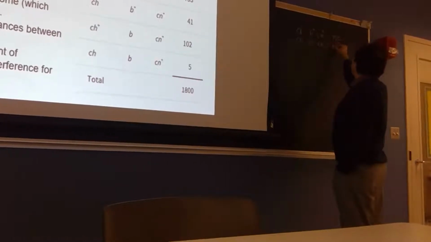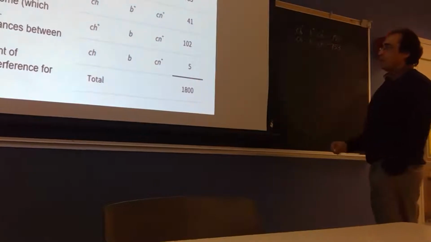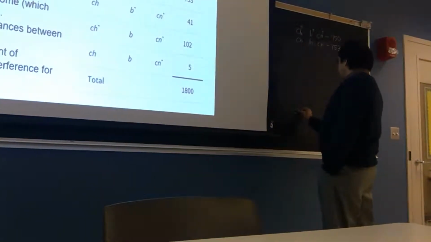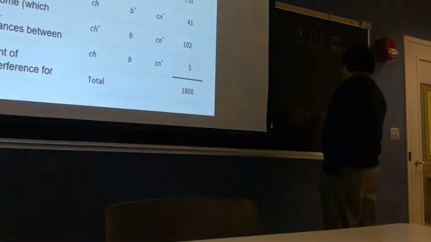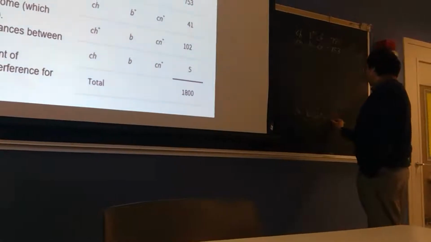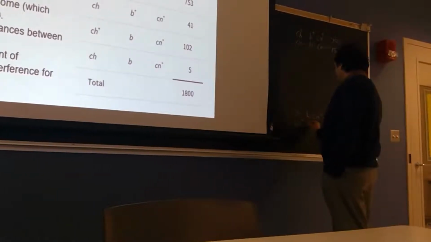Number is 753. Double crossover type? CH, B, CN plus. Number 5. And CH plus, B plus, CN. 4.